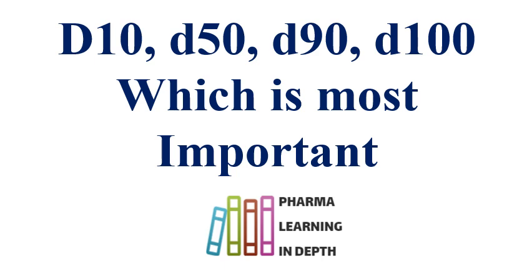So D50 is most critical and most important as it is the median particle size. D90 controls the upper tail and D10 controls the finer fraction. D100 gives you an idea regarding the larger particle size.